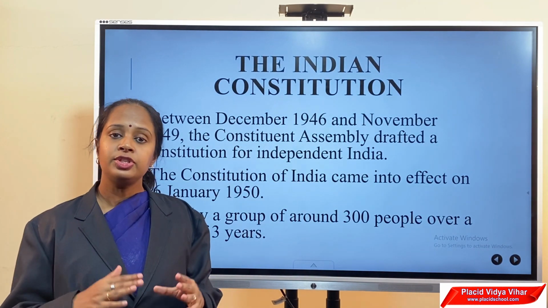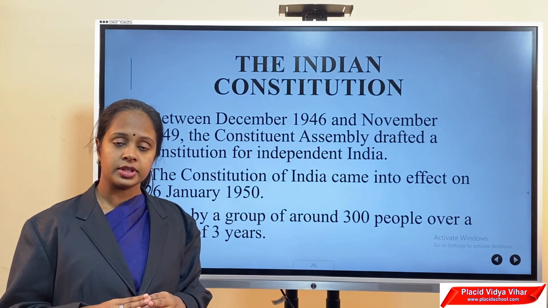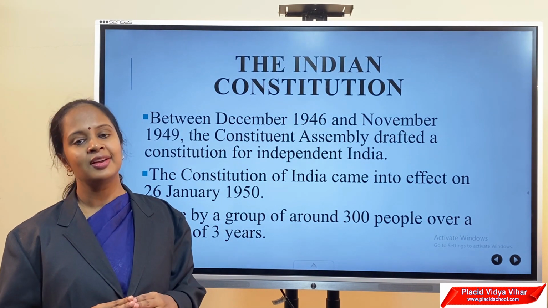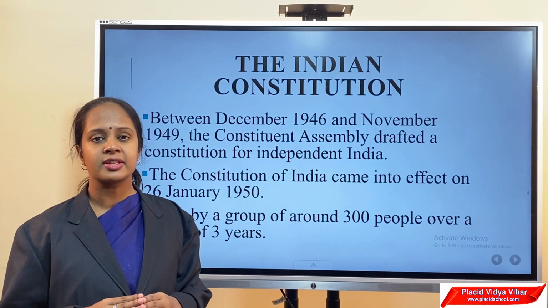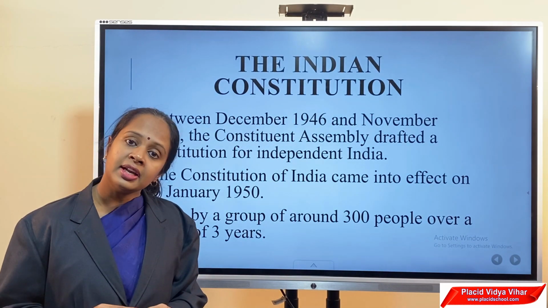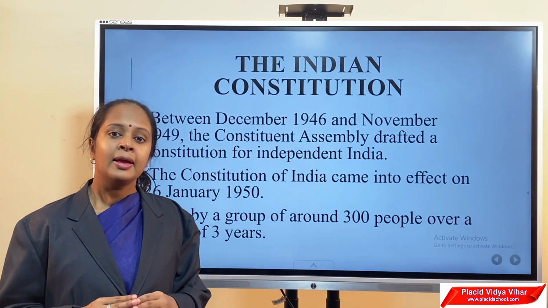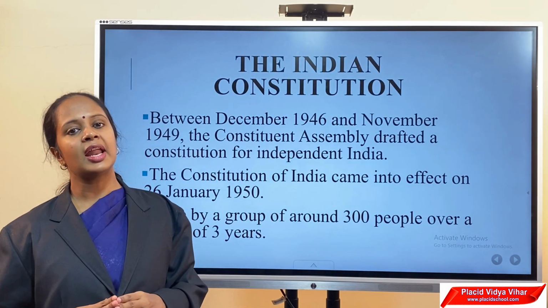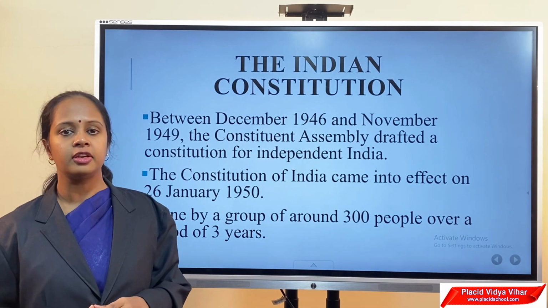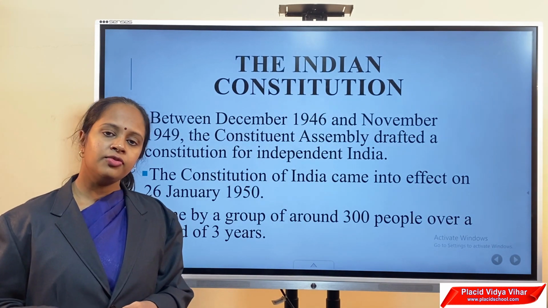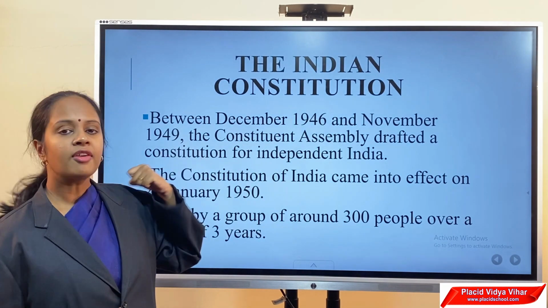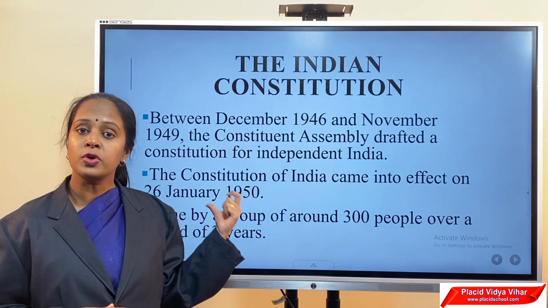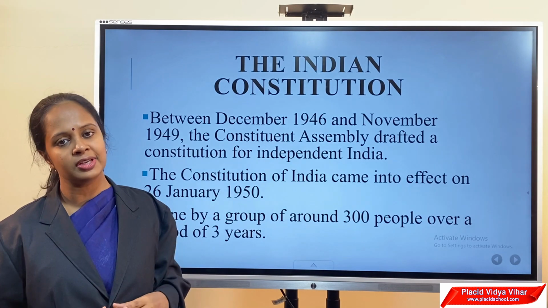Between December 1946 and November 1949, the Constituent Assembly drafted a constitution for independent India.